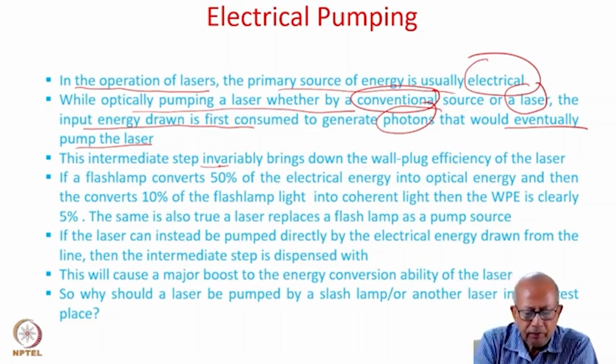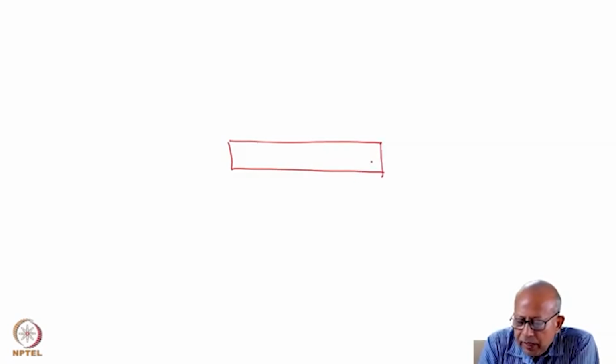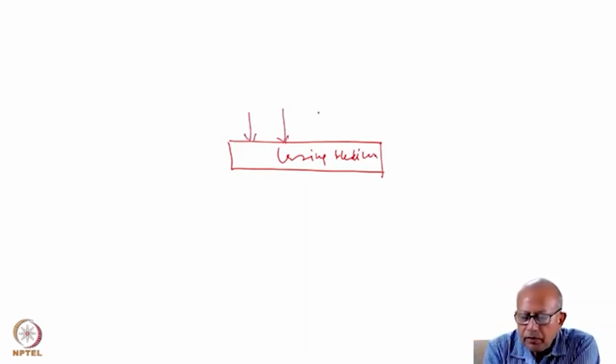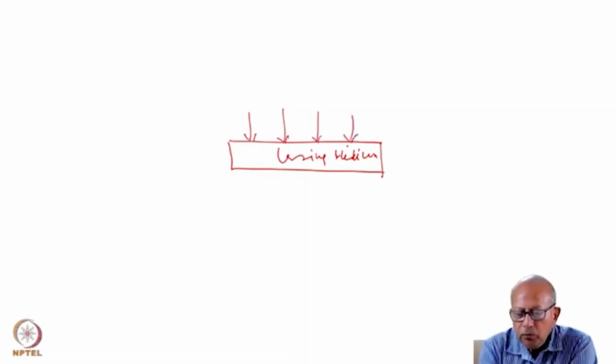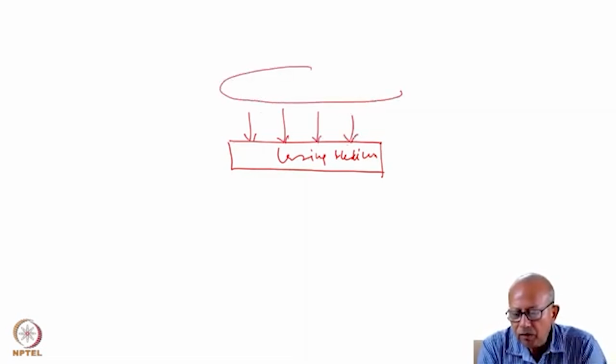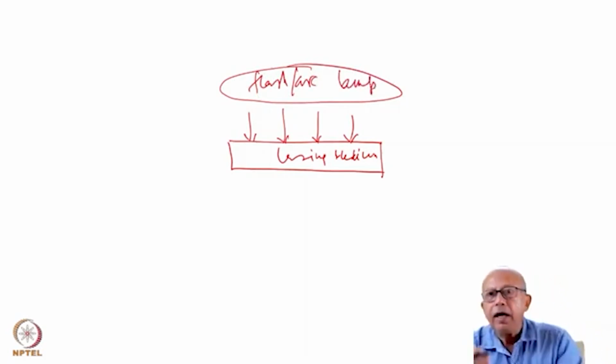Because you see, if you have a laser, this is the gaseous lasing medium, which we'll have to pump optically. That means with light. You produce this light by, say, a flash lamp or an arc lamp, or even by another laser.